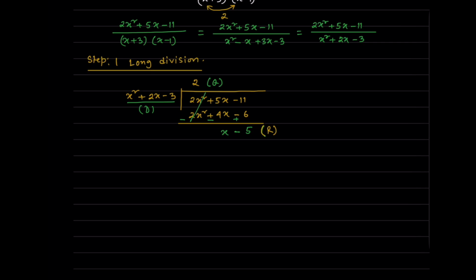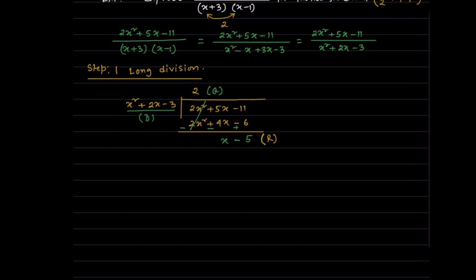So finally we got these three things, and now we need to write this in Q plus R by D form. Our Q is 2, R is x minus 5, and our D is x square plus 2x minus 3. Alright, and look at this R by D part, this will always be a proper fraction.